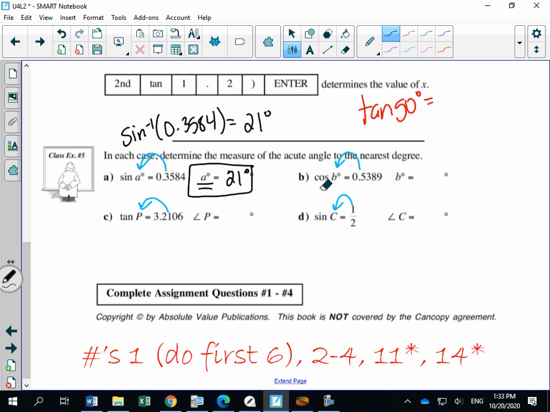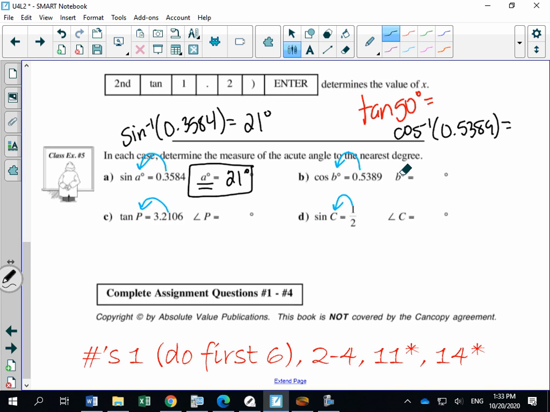So I want you guys to do B, C, and D. I want you to write it correctly because I will always give a mark for that on a test. So for example, B would be the inverse cos of the ratio is equal to the angle. So whenever we go backwards, we're finding angles.